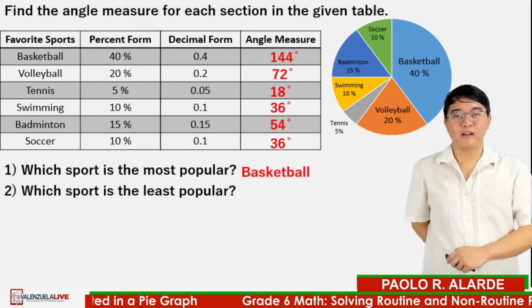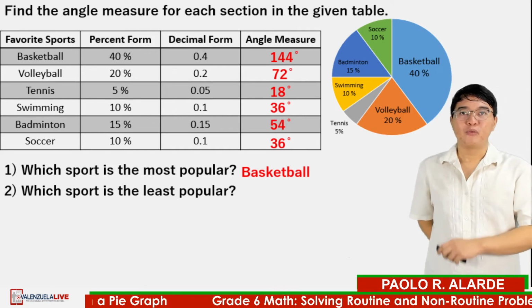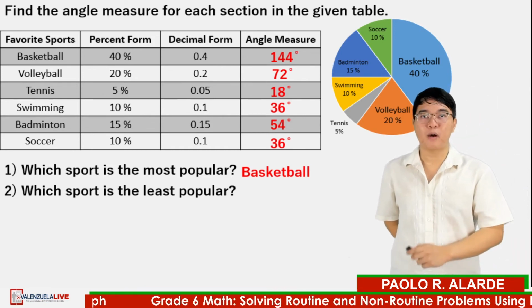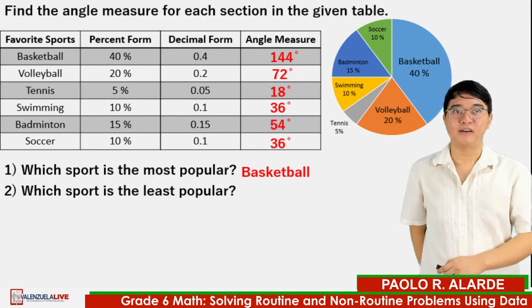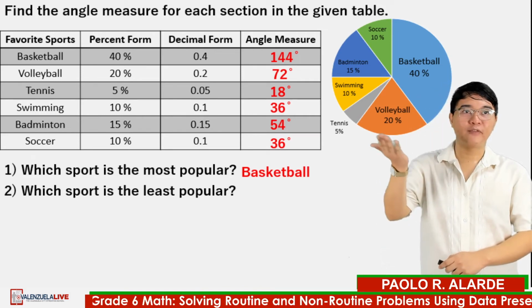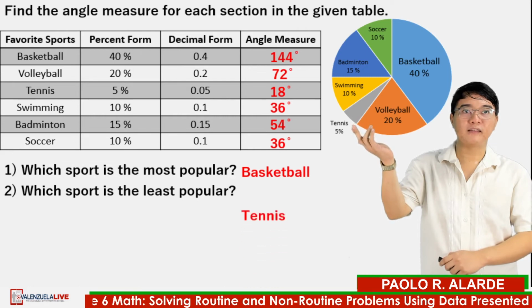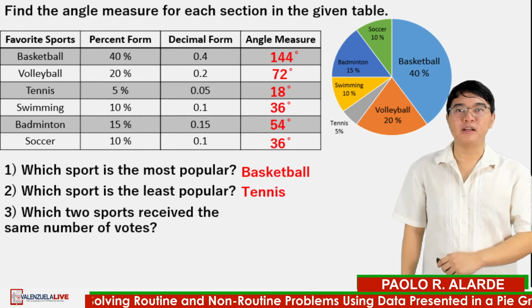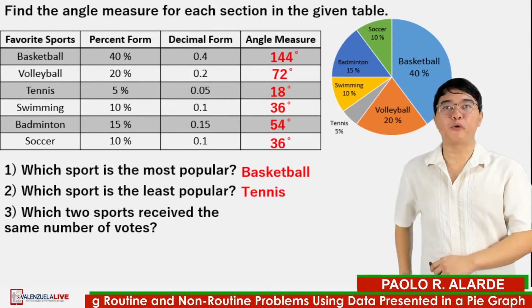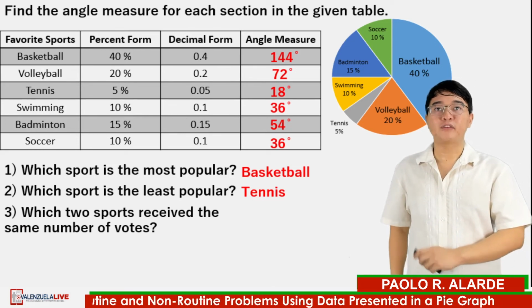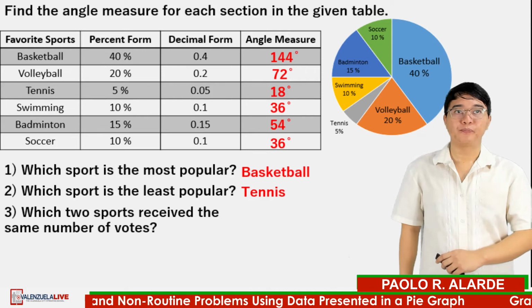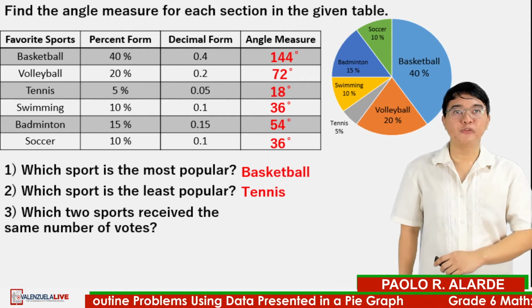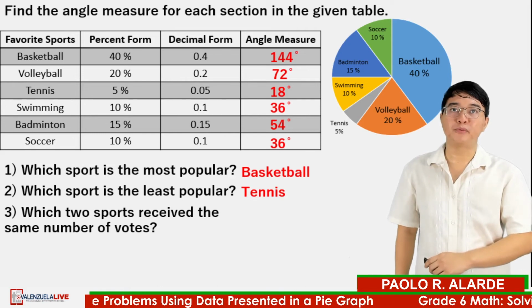What about question number 2? Which sport do you think is the least popular? By just looking at the pie graph, you will know that the least popular is tennis. Question number 3. Which two sports received the same number of votes?